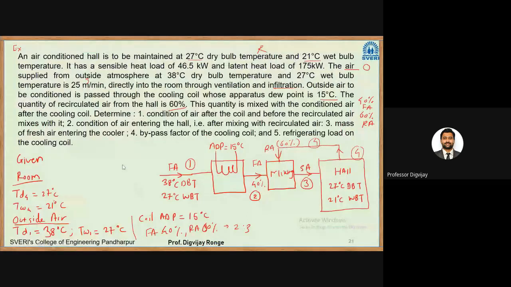Okay, so we have plotted these 2 points. Also, we have plotted the apparatus dew point. Now I will start solving the example. Please see carefully. If you follow the procedure, it is not a very big deal here.